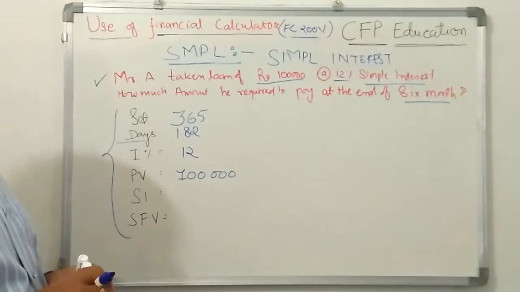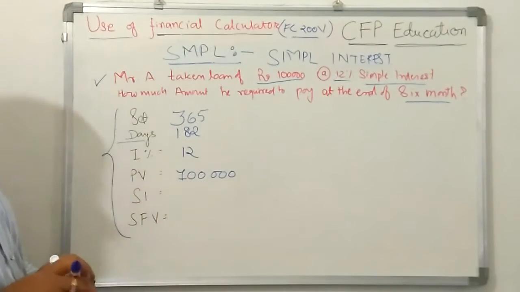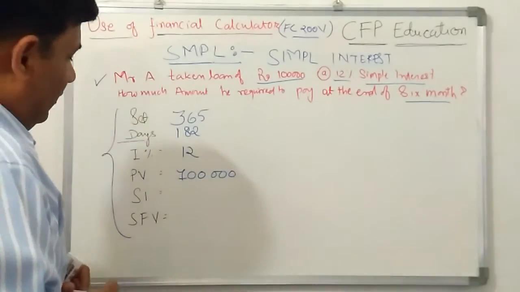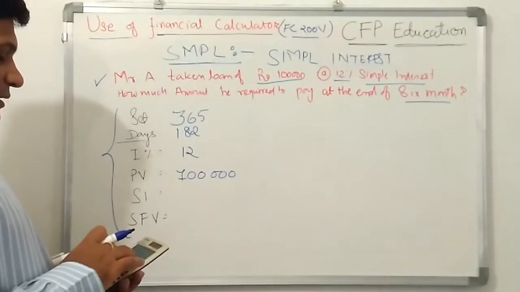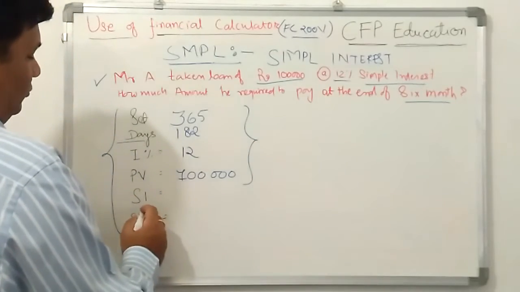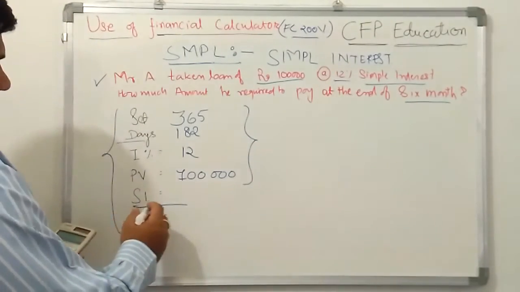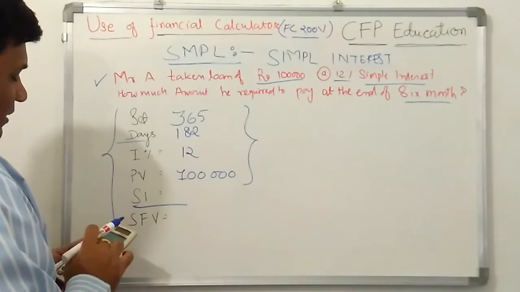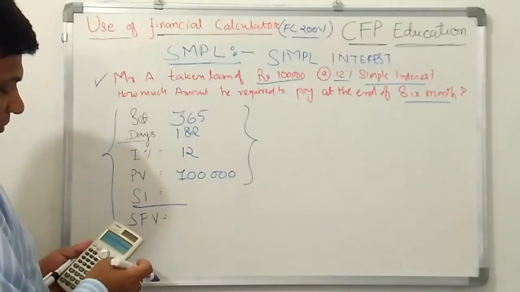After 6 months, because of this particular rate of interest, it will increase. How much increase? Let's calculate. Using our calculator, after entering all this data, we come to this particular line, move the cursor over there and solve the problem.